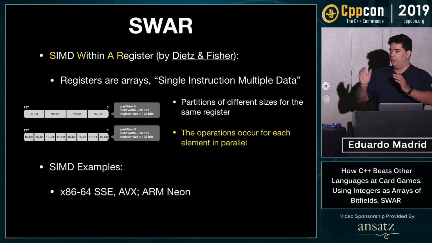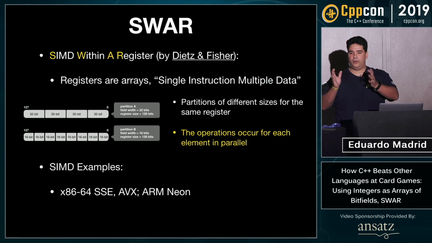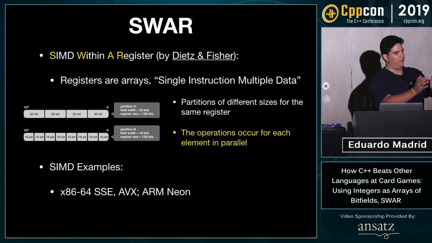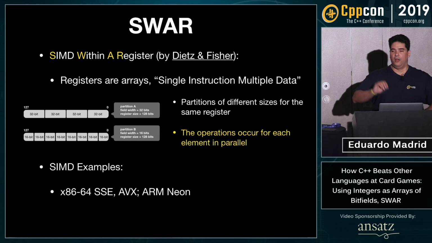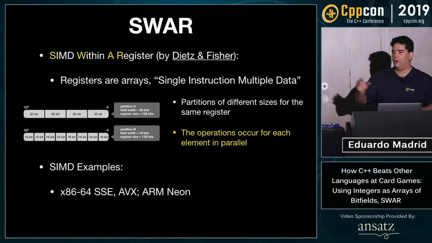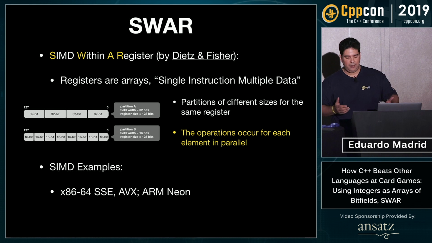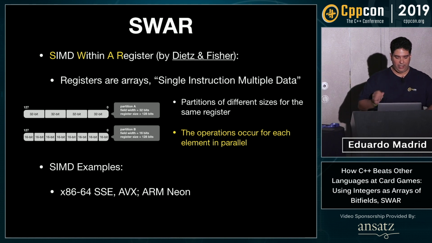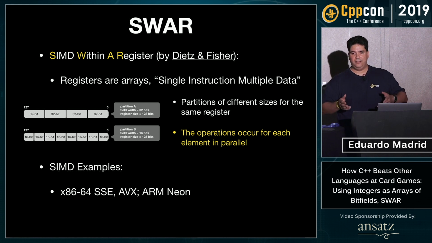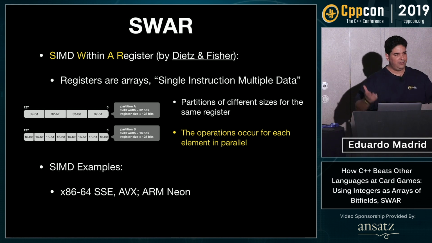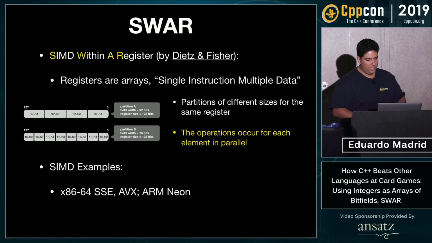Now, when you look at a normal processor integer register, of 64 bits in particular in this presentation, we don't have support for individual element sizes, or we might have some element sizes, but not the one that we really want. This presentation is about how to simulate support for basically arbitrary element sizes.